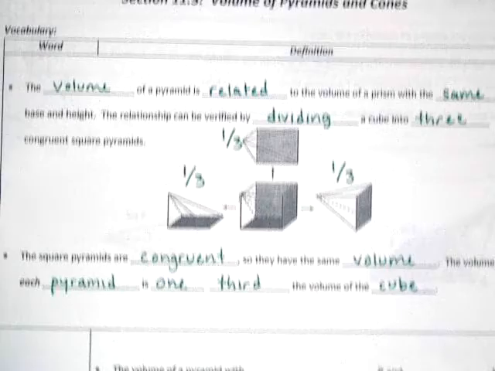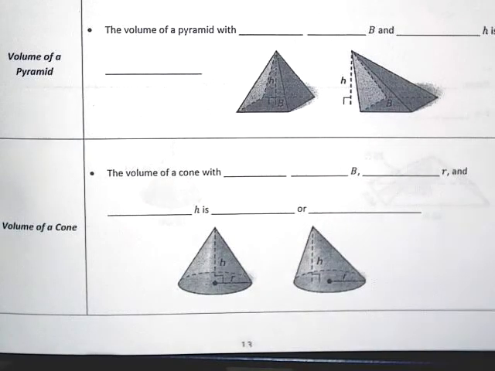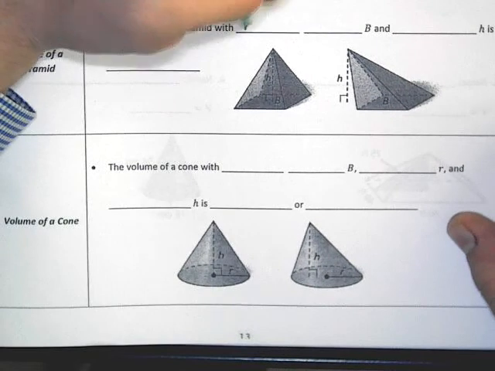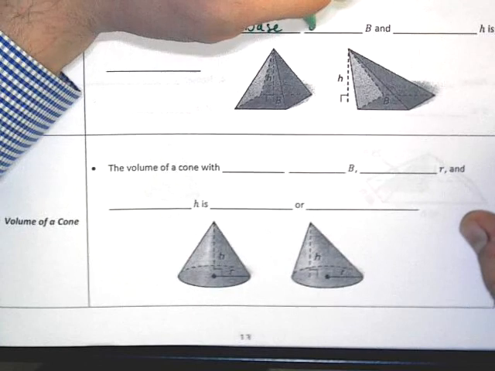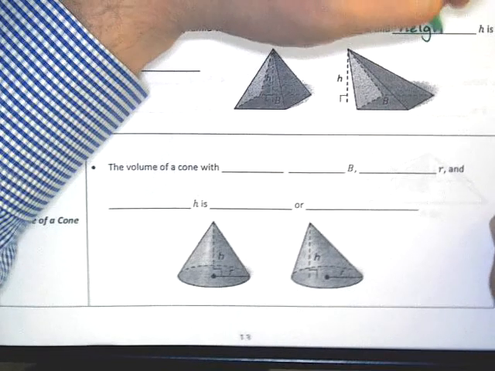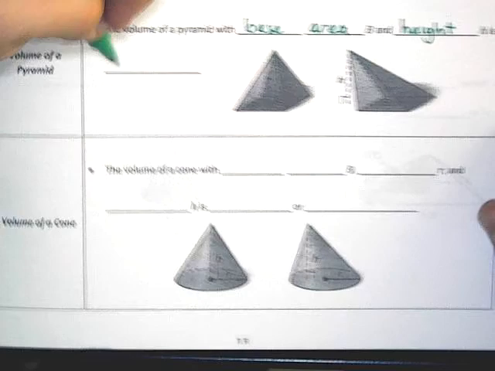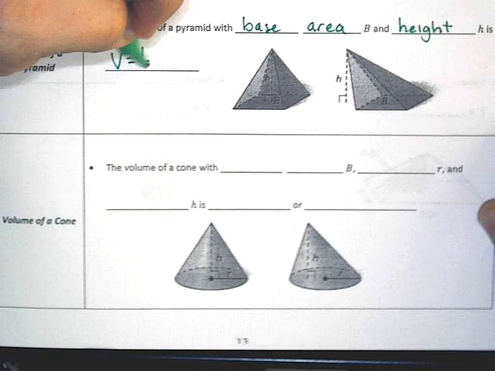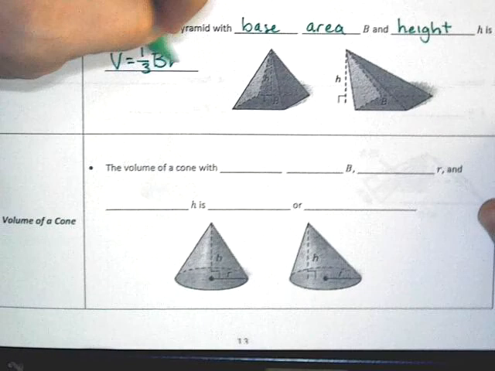Now that we've talked about that, we can come up with our formula for the volume of a pyramid. The volume of a pyramid with base area, capital B, and height, h, is V equals 1/3 capital B h.